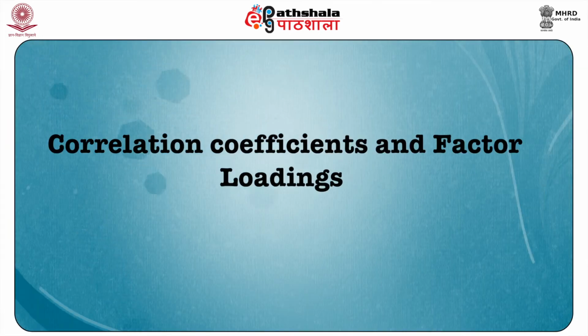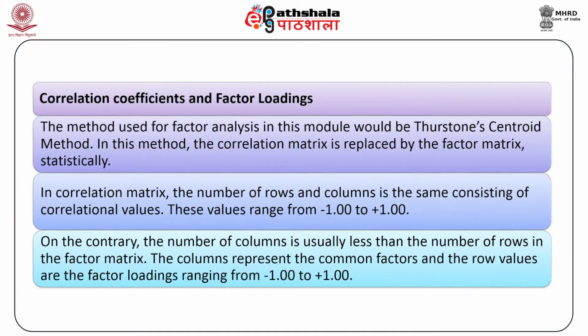Correlation coefficients and factor loadings. The method used for factor analysis in this module would be Thurstone's centroid method. In this method, the correlation matrix is replaced by the factor matrix statistically. In a correlation matrix, the number of rows and columns is the same, consisting of correlational values.